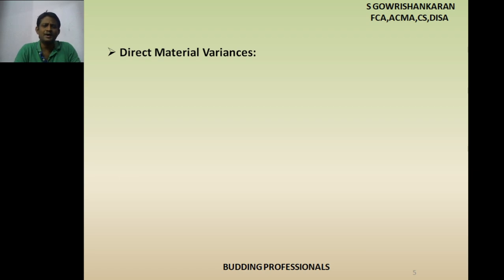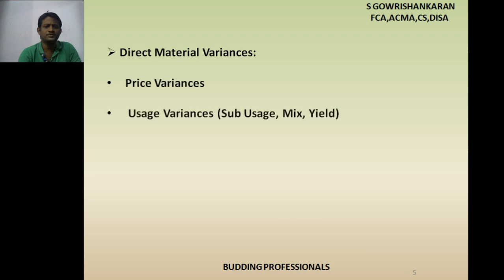What is direct material variance? Direct material is a raw material used for the purpose of production. Under this, what types of variances will come? Price variances and usage variances.